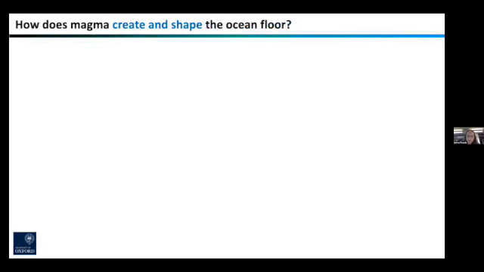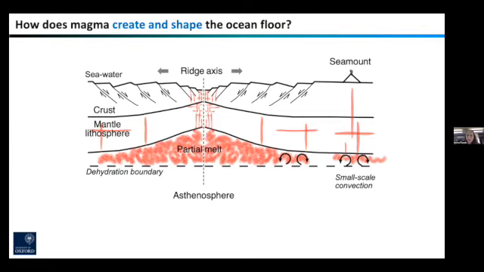So going back to the scientific question, how does magma create and shape the ocean floor? I'm going to show you 3 applications where we use the FD-PDE framework to actually do science. I'm showing here a schematic of many processes closer to the mid-ocean ridge axis.